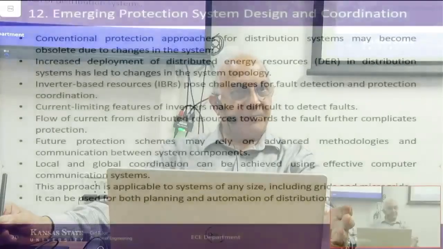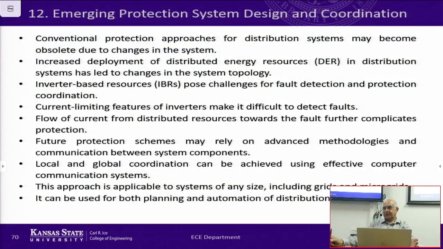Also, when a fault takes place, they have fault limiting capacity. So this is again a topic which many researchers are working on to find the best way to protect the system with IBR. If you are interested, this topic is very hot, but also very challenging. It's not easy.